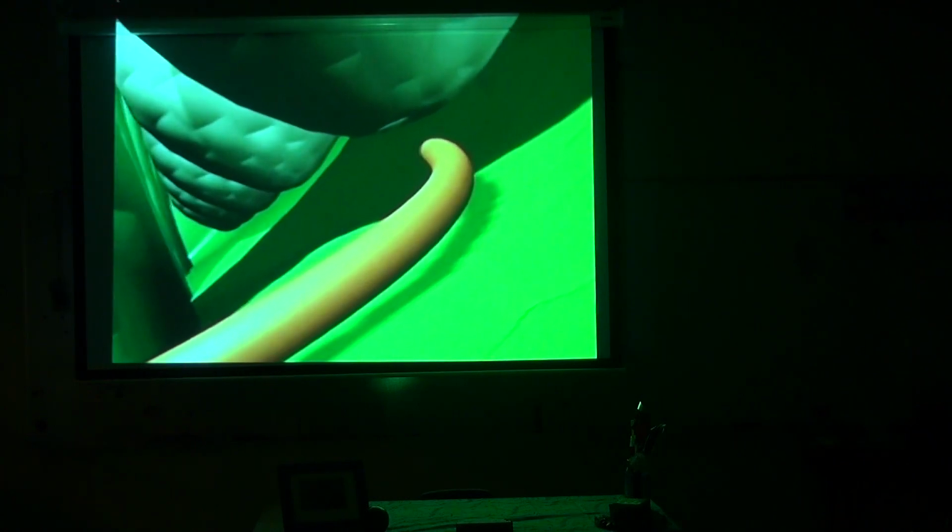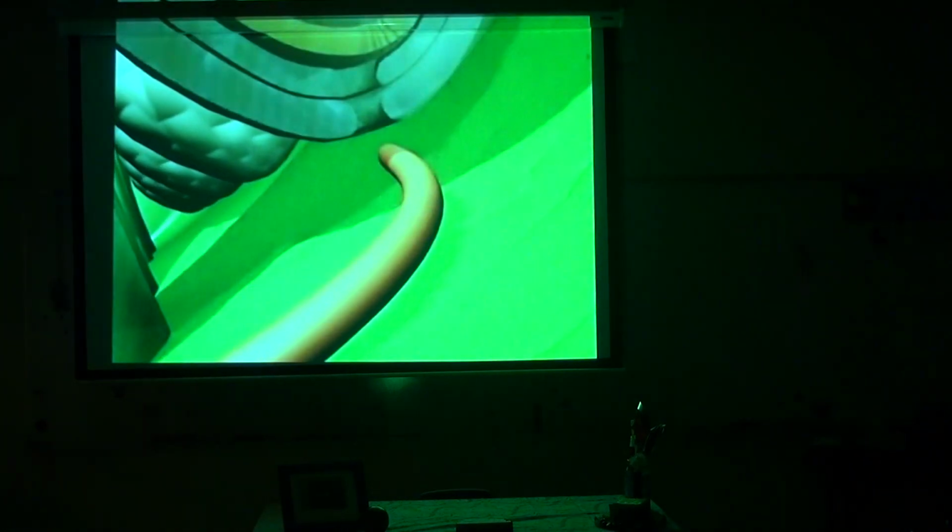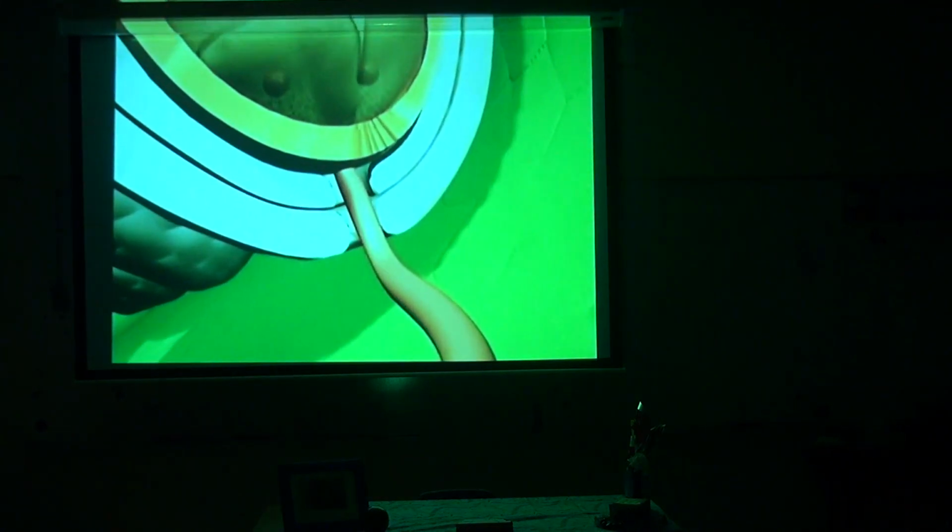Inside the ovary, the tube locates the 2 rows of ovules. Approaching an ovule, the pollen tube grows into the micropyle, where it penetrates the megasporangium.